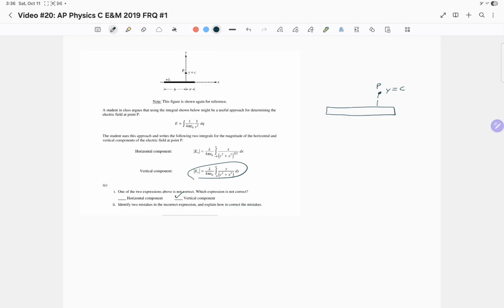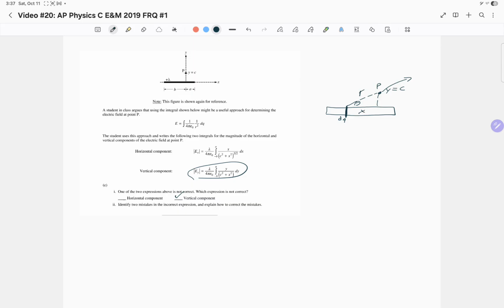Yeah, so we're looking at a certain dq, a certain little bit of charge at a position x on the x-axis, causing an electric field at a certain angle. We'll call the separation distance r, and x would just be the position on the x-axis. That's the best way to go about this.